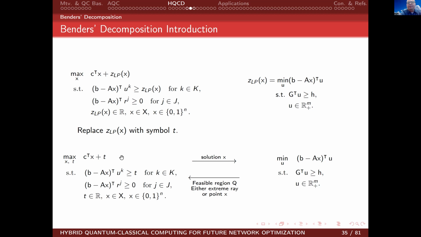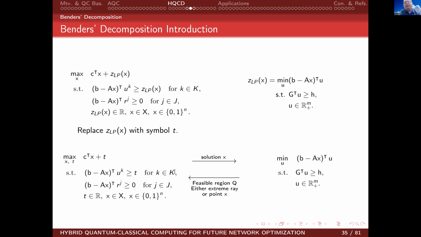And then we can use an iterative process to solve the problem. First we solve the master problem and send the solution x to the subproblem, and the subproblem will give us the extreme ray and extreme point. We can populate new cuts and add the new cuts to the master problem, and resolve it.